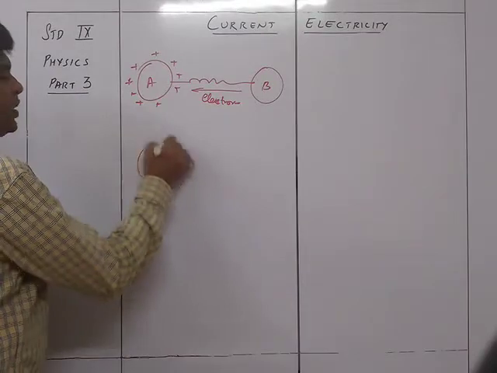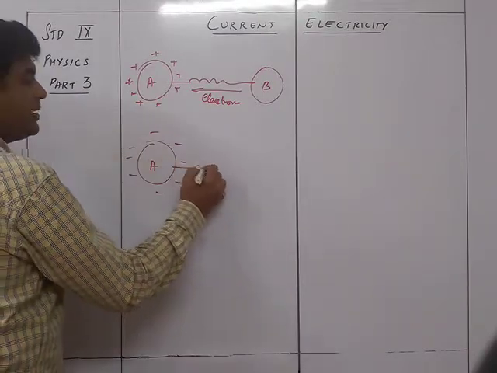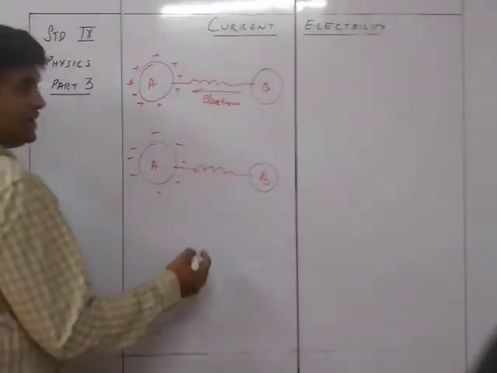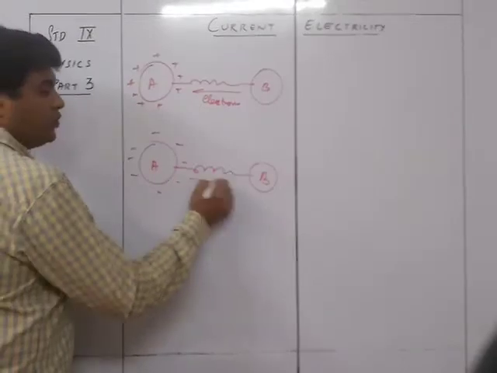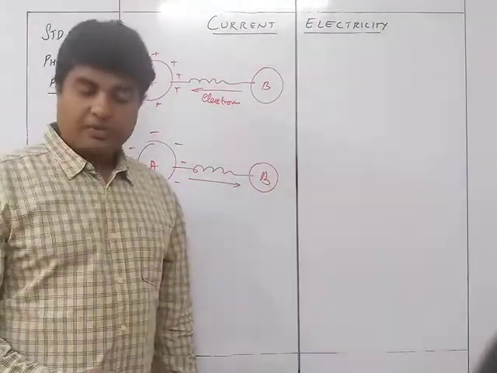Same way, if this would have been negatively charged and this would be connected to another B over here, which is again uncharged, then the electrons are going to flow from this point to this point, right?